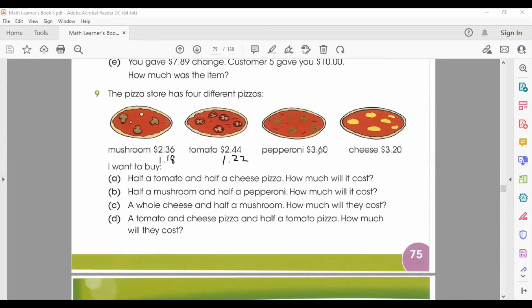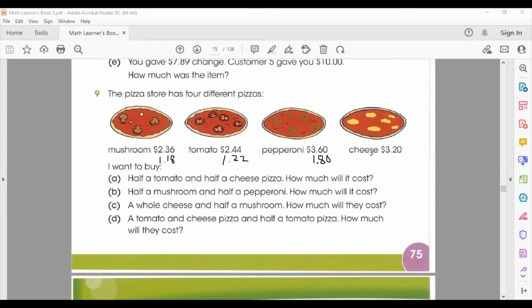Pepperoni $3.60. So we make half of $3.60. Half of 36 is 18, and the 0 comes down as it is. Put the point as it is.